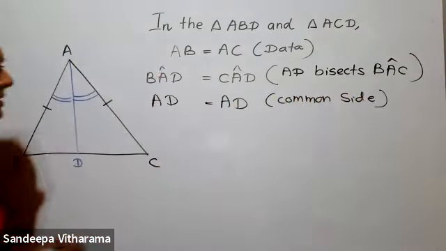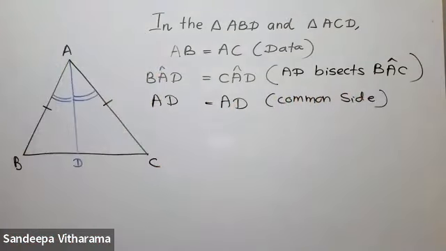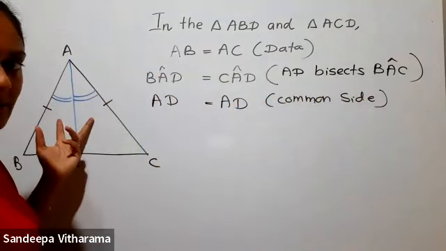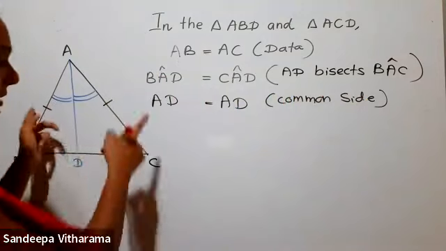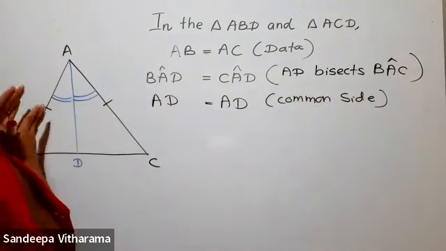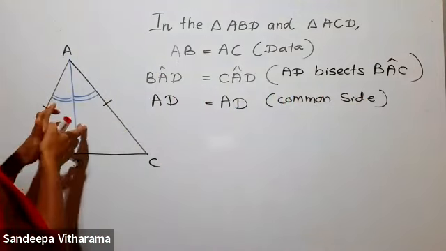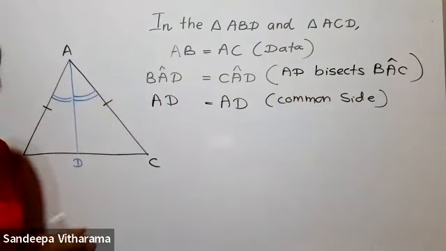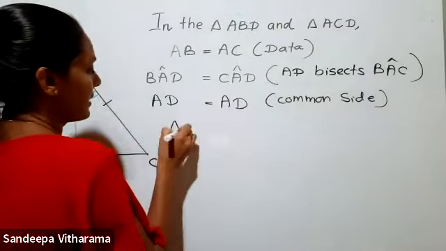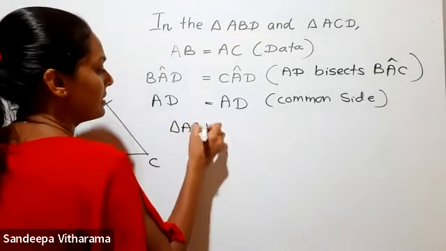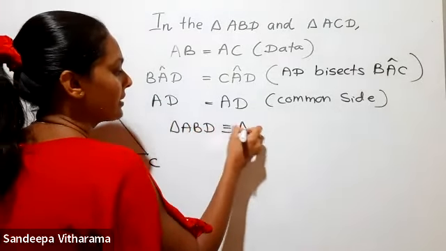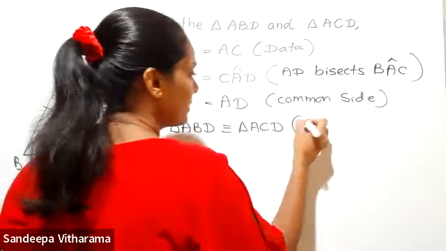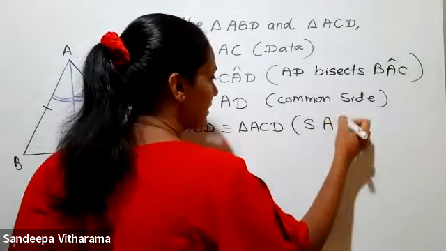Now you can see that the included angle of the two triangles are equal with two sides. මේ side එක angle එක side එක. මේ side එක angle එක side එක. එහෙනම් අපිට මොකද කියන්න පුළුවන්? We can say that triangle ABD is congruent to triangle ACD under the case of SAS.